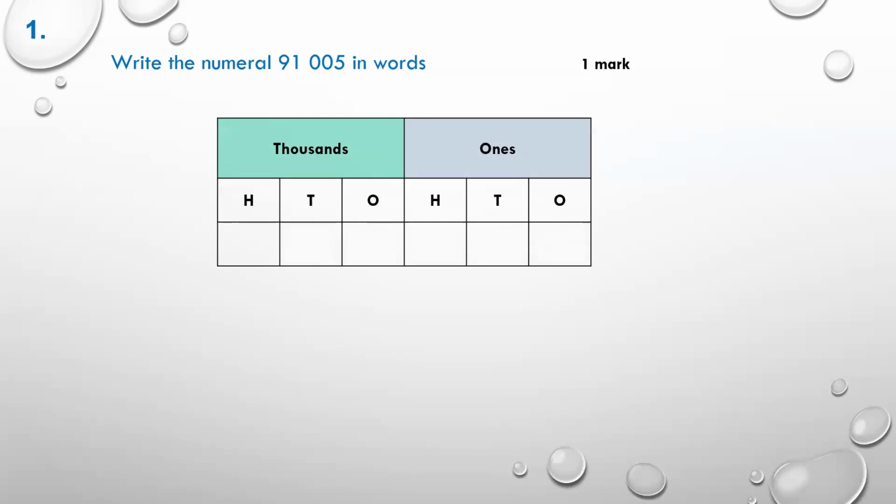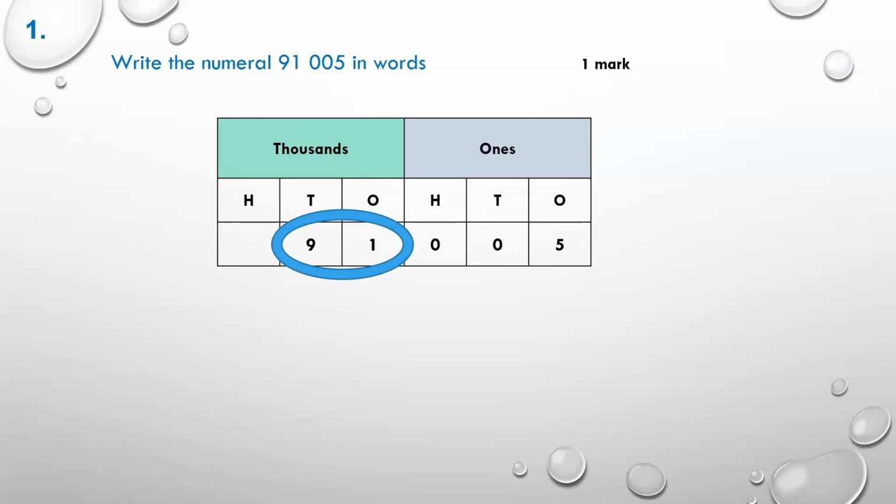So let's see if we can put the numbers that were given above. The numeral 9, if you notice, is in the 5th place, and then 1, 0, 0, and 5. So let's recognize that the 9 and 1 are in one family, with 9 tens and 1 one.